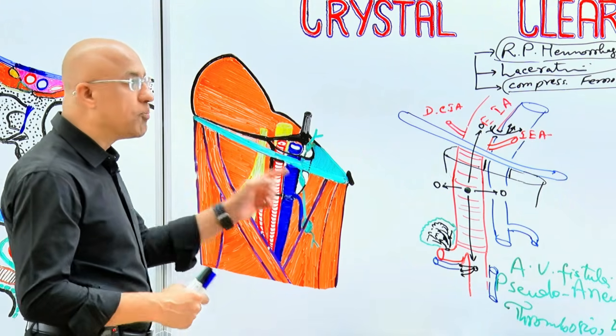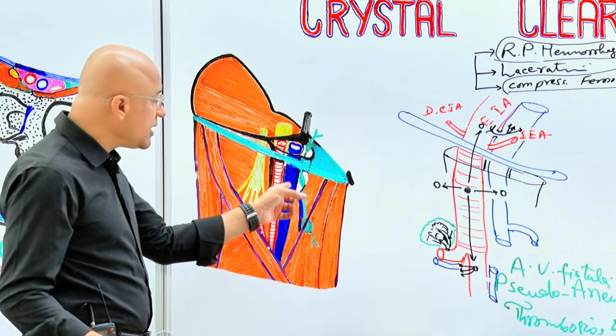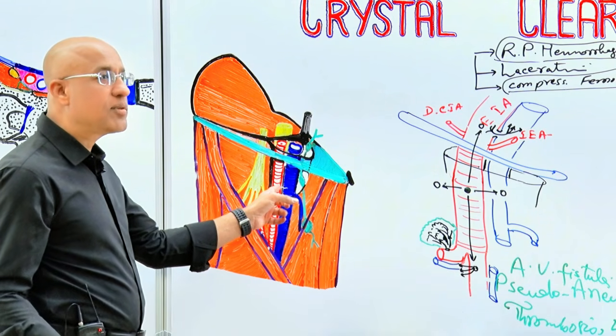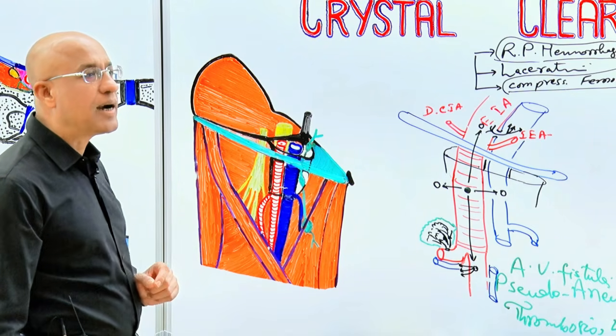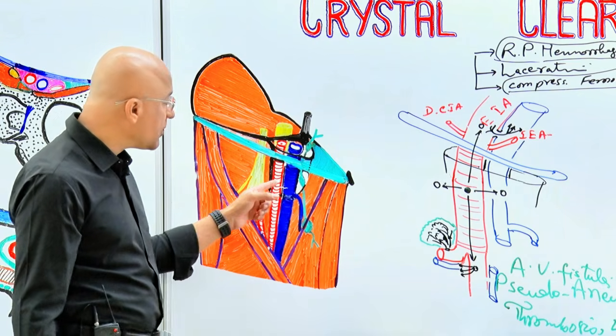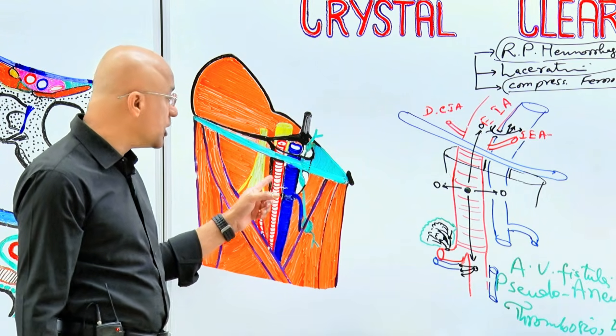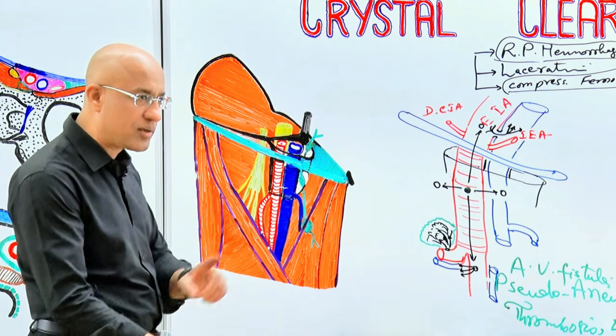But what could be the complications here? Number one, if you go directly to the vein, this is a commonly made mistake, especially when we are trying to take an arterial blood gases sample, and that sample for the arterial blood gases analysis should be taken from arterial blood from the femoral artery or radial artery, right?